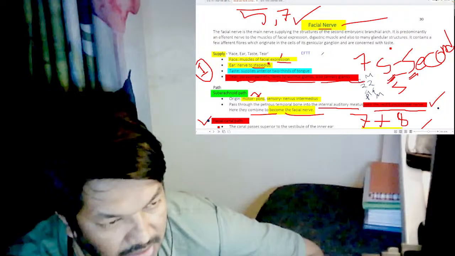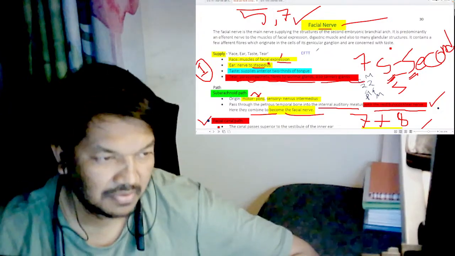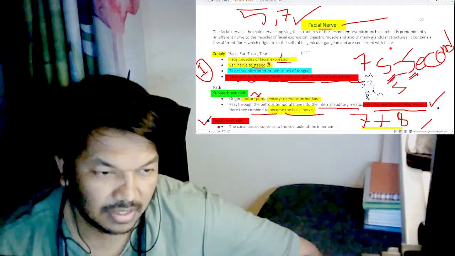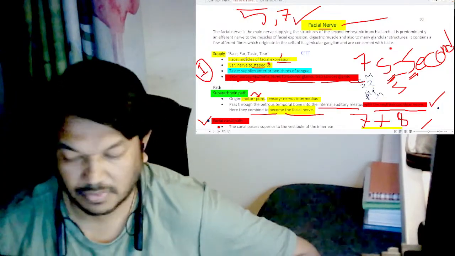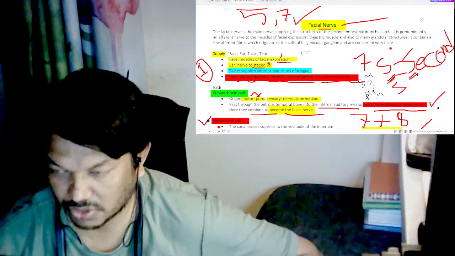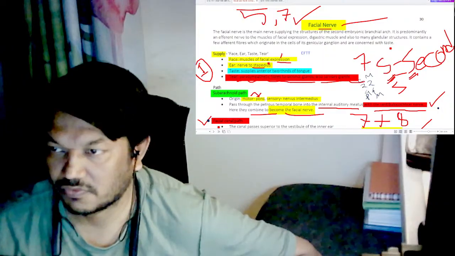Face, ear, taste, tear, F-E-T. This is the supply of the facial nerve. Over the face, it supplies the muscles of facial expression.